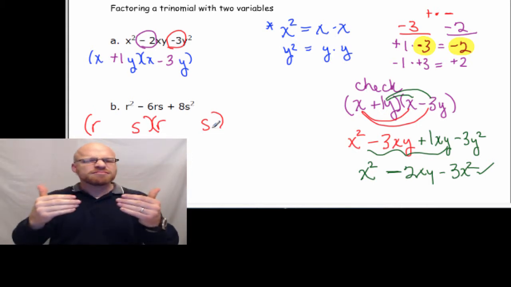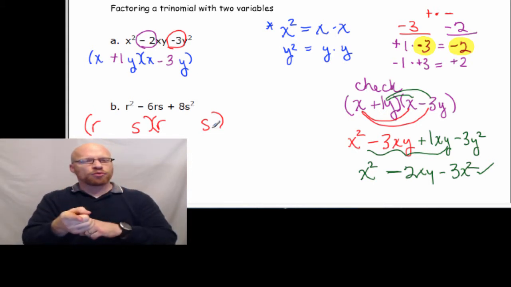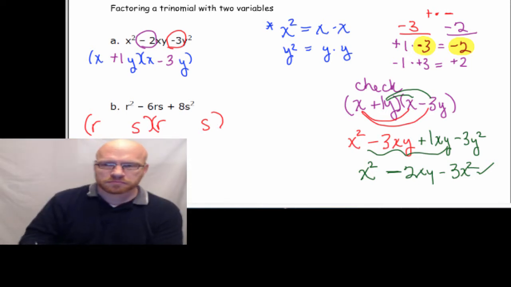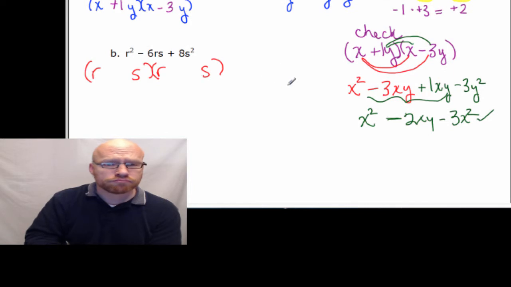Well, once we put this down, it becomes the same process we had before. We need the last term to multiply to be positive 8, s squared, but positive 8.